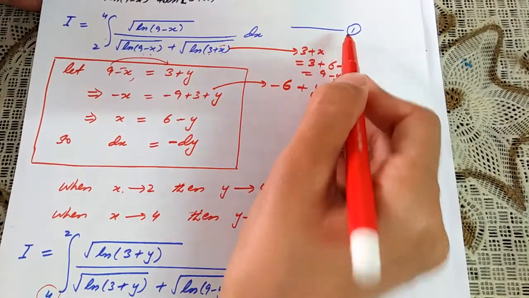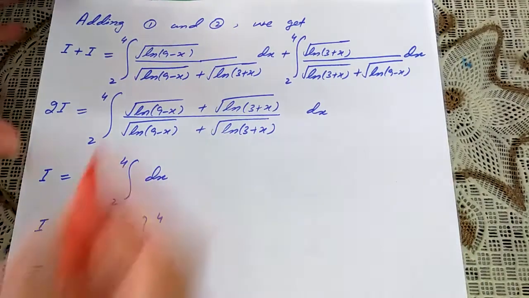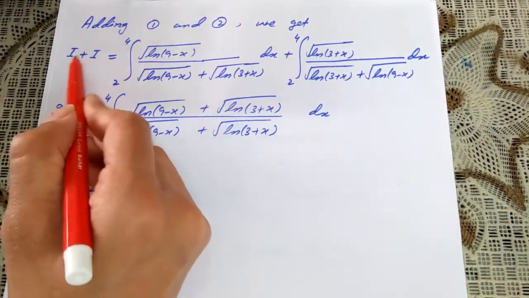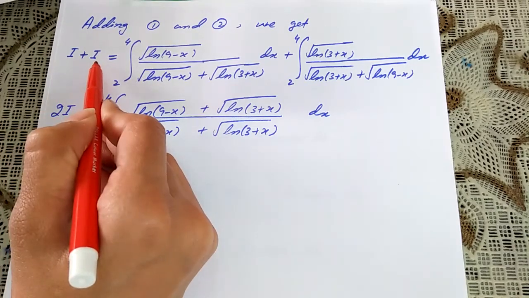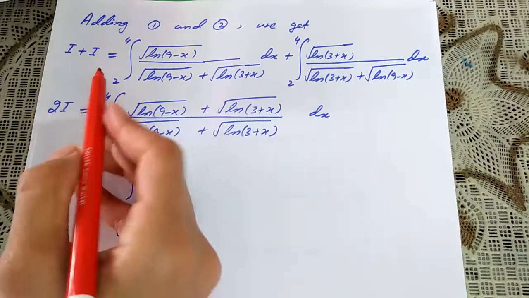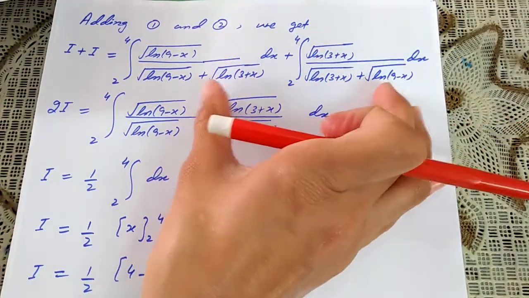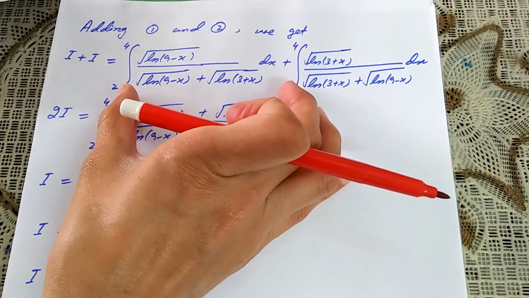Now I am adding my equation number 1 with equation number 2. If I add equation number 1 and equation number 2, the left hand side will be added with the left hand side and the right hand side with the right hand side. I will get 2I equals, you see here, the same limits of integration.